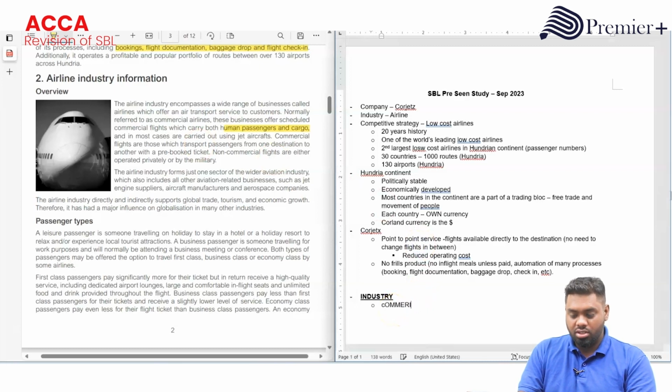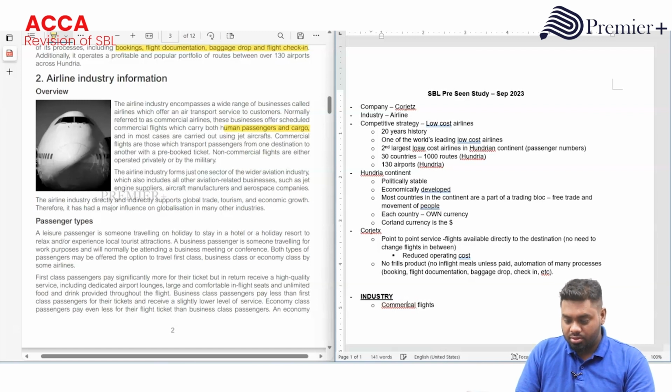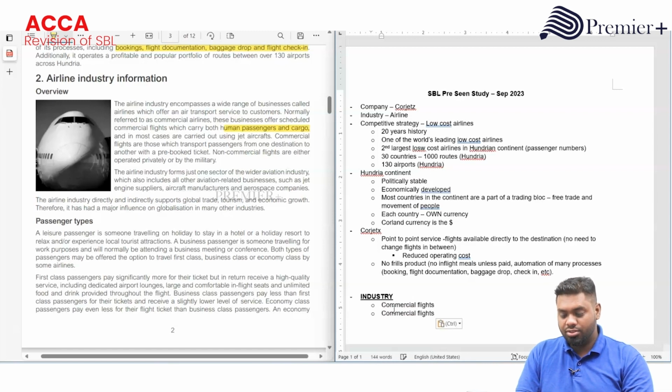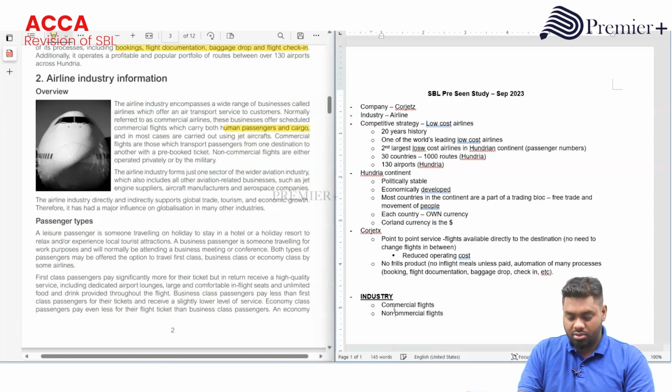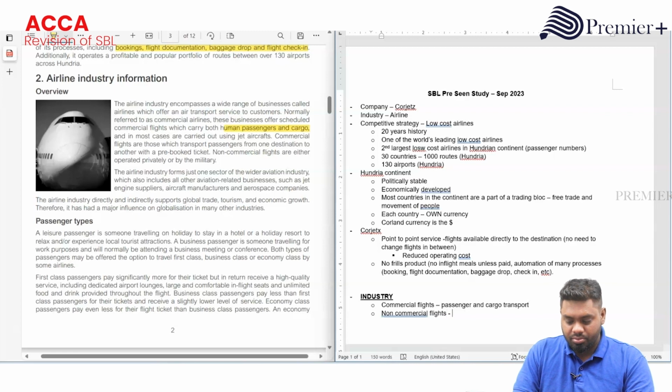So we have commercial flights, which provide passenger and cargo transport, and we have non-commercial flights, private or military operated.